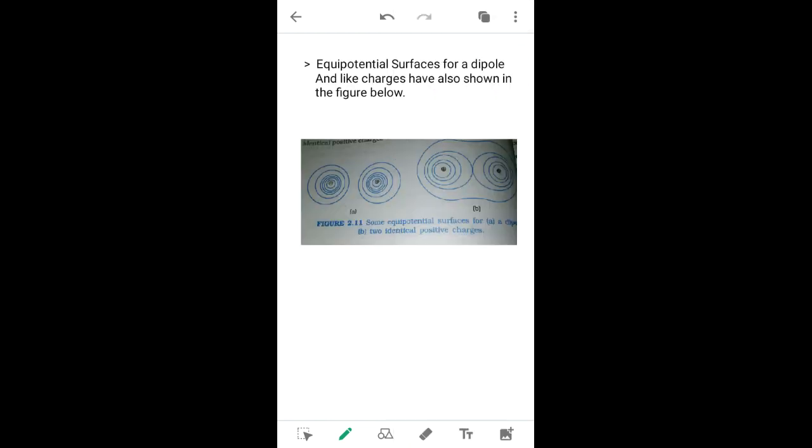And lastly, we will see the equipotential surfaces for the dipole. As I told you, it may be a negative charge or a positive charge. In a dipole there are two charges, one negative and the other positive, which are at a distance of 2L, right?